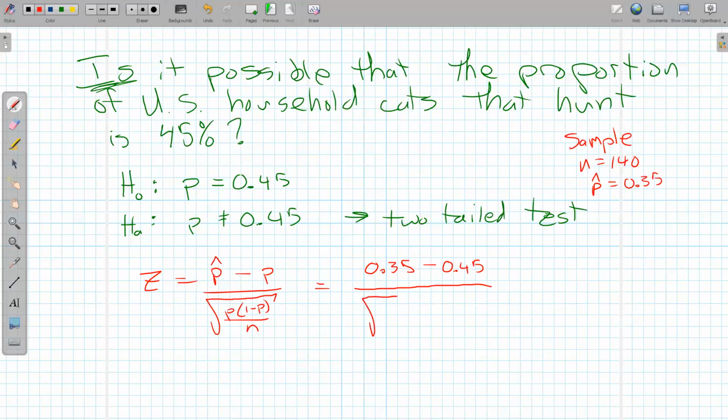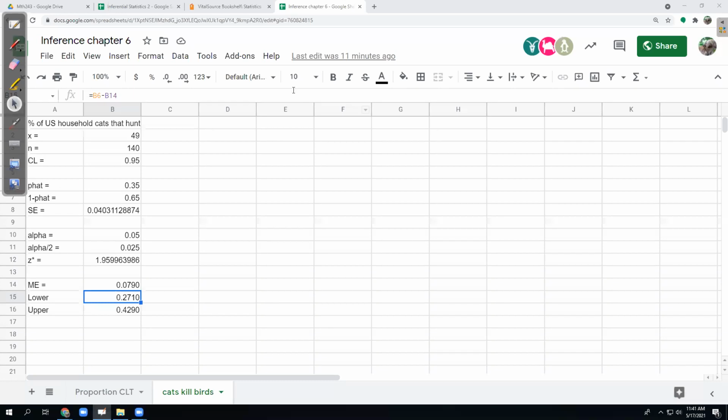So then I have that big old square root of, in this case, 0.45 times 1 minus that, divided by, in this case, 140. And then we whip that out on a calculator or spreadsheet. I'll show how to set this up on a spreadsheet next time. I'm running out of time today.